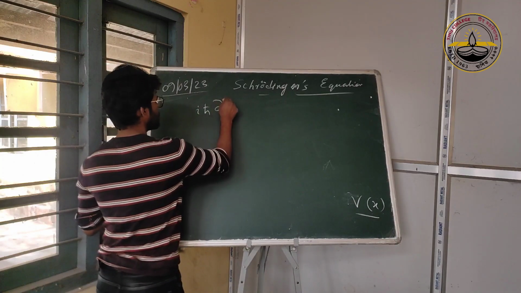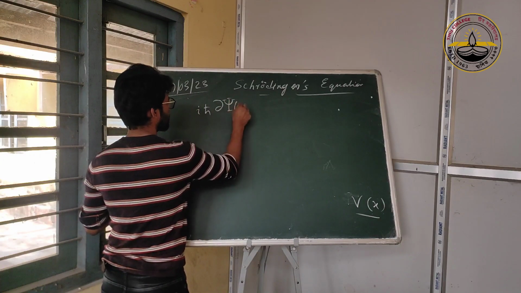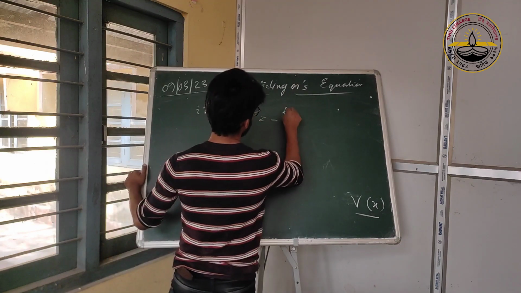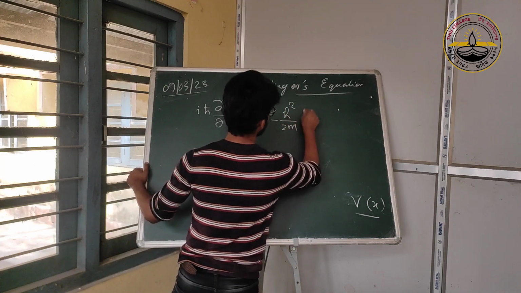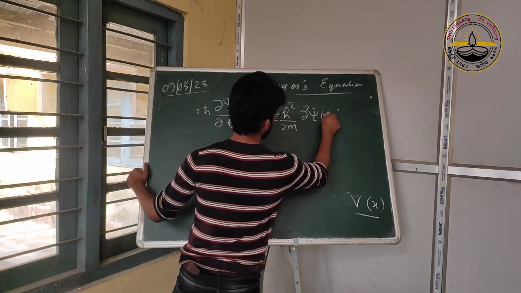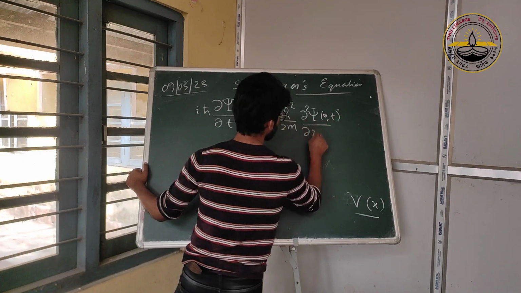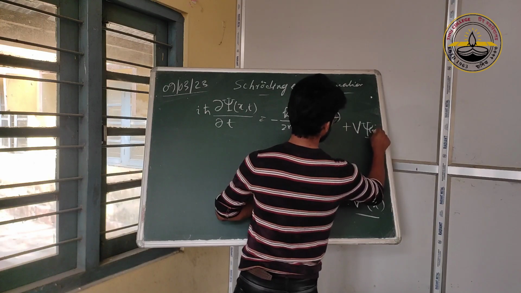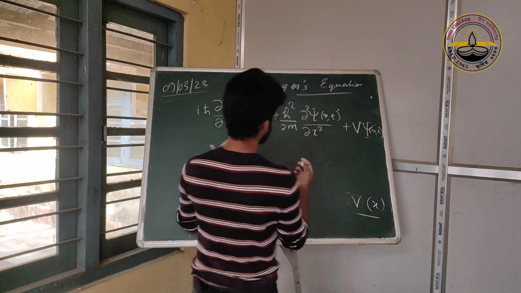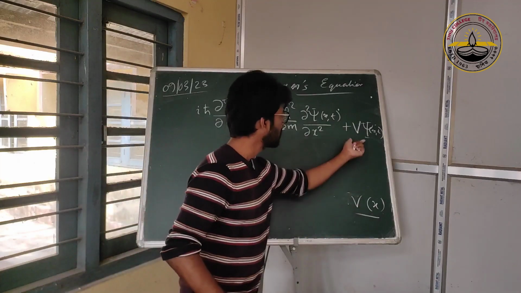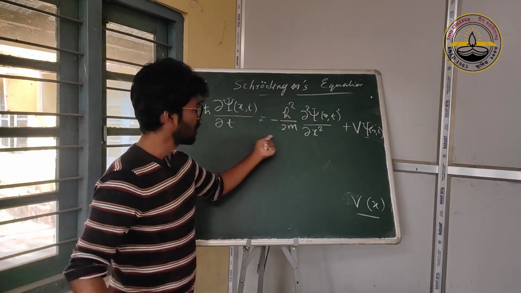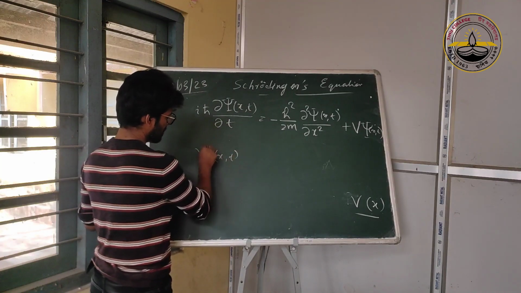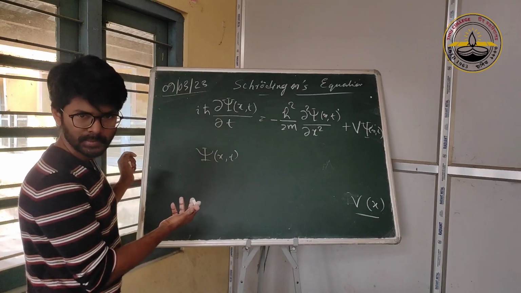Then, when you put the V in this equation, solve it and find psi xt. That's your wave function, okay?